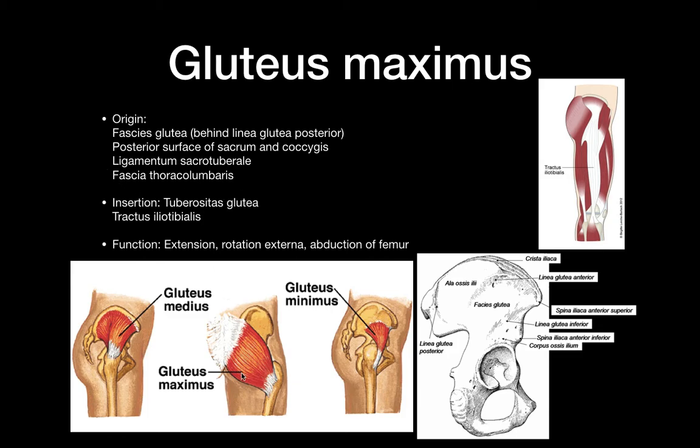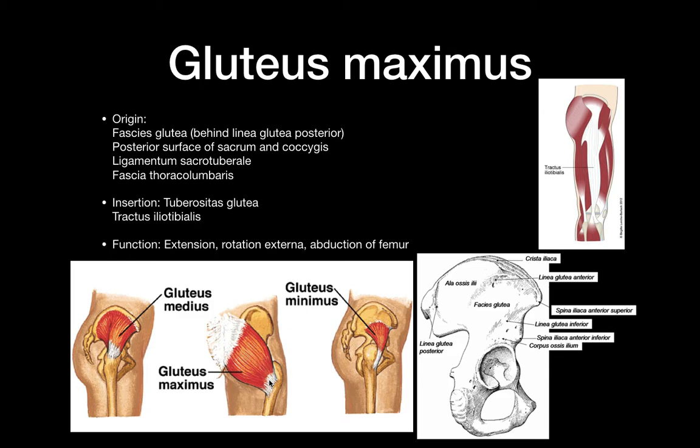This muscle is going to insert at the Tuberositas glutea, right about here, and the tractus iliotibialis, which is kind of a long fibrous reinforcement of fascia lata. Fascia lata is a deep fascia that surrounds the thigh. I'm going to make a video about this in the future.